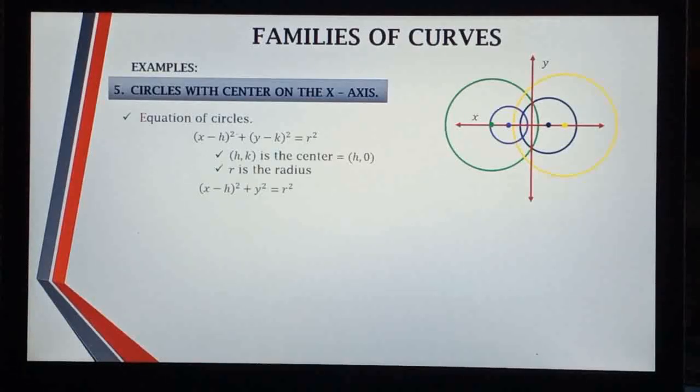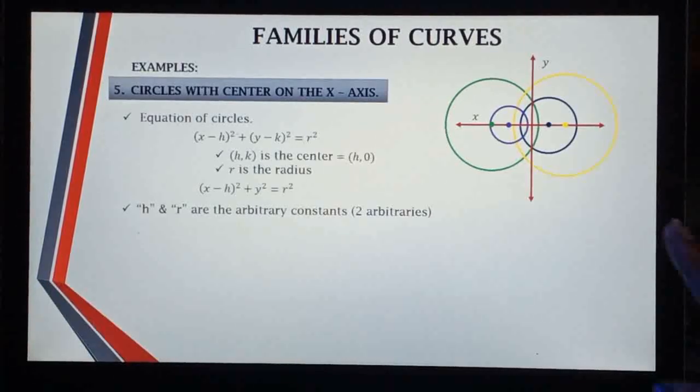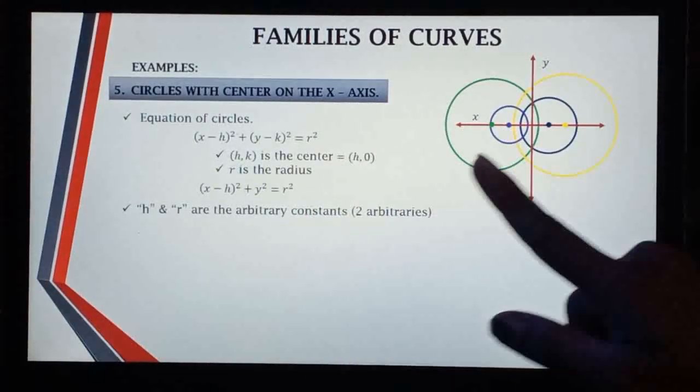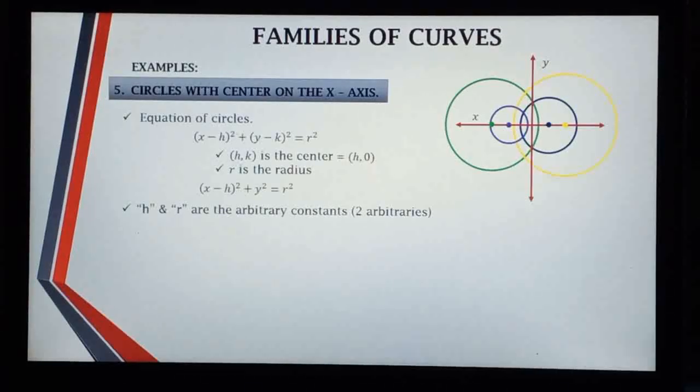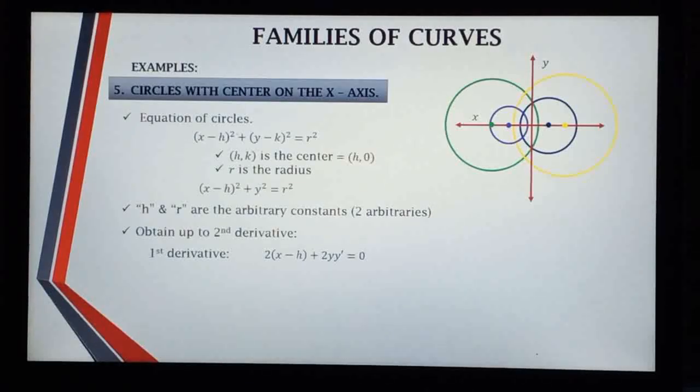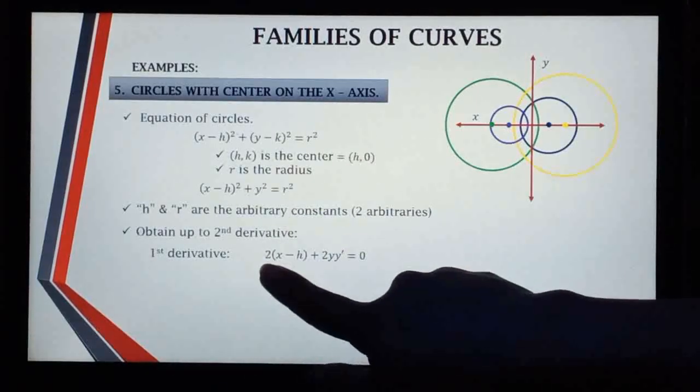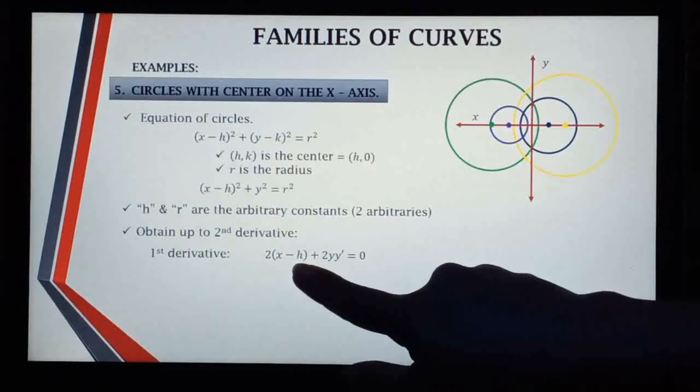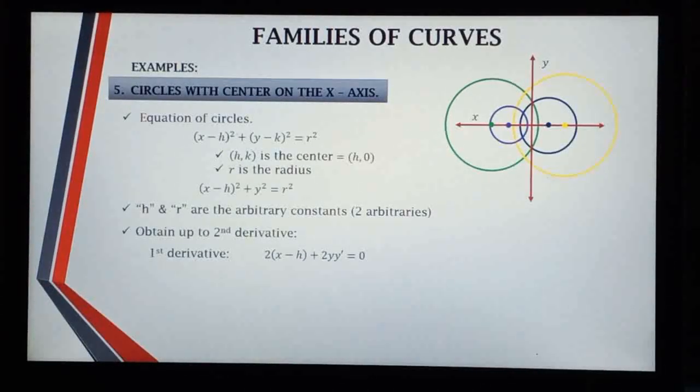So in that equation, i-identify natin yung arbitrary constant. You have the h and the r as the arbitrary constant kasi nga si h pwedeng magbago. Si r pwede ding magbago. So you have two arbitraries. Then you have to obtain up to second derivative of your equation. So let's get the first derivative. Ang first derivative natin is 2 multiplied to x minus h plus the 2y y prime equals 0.